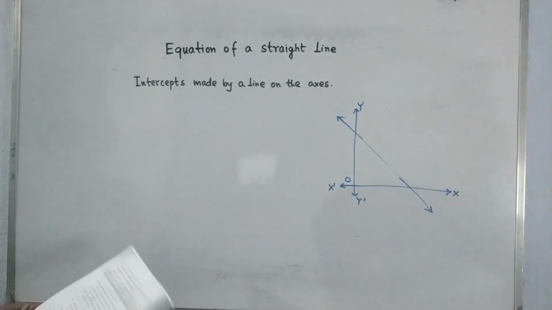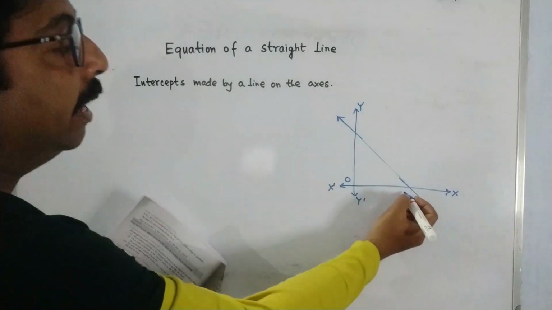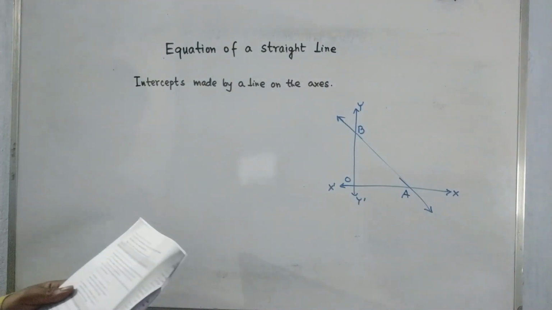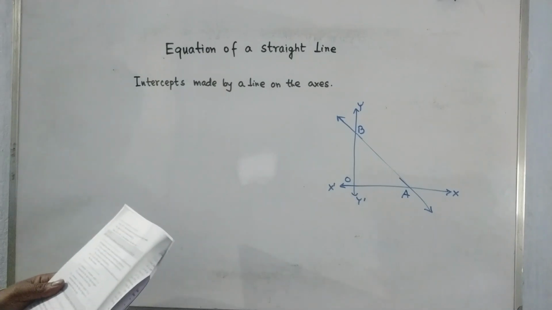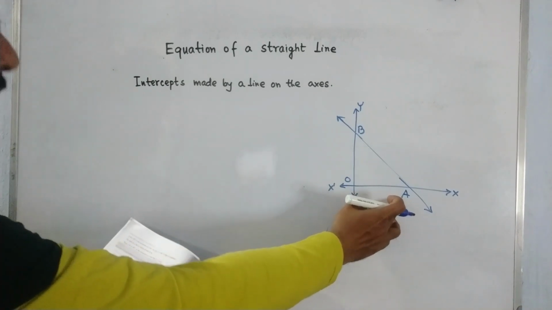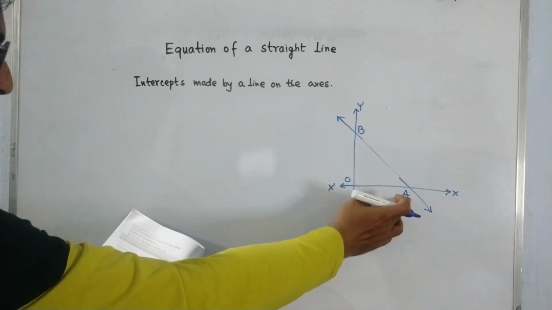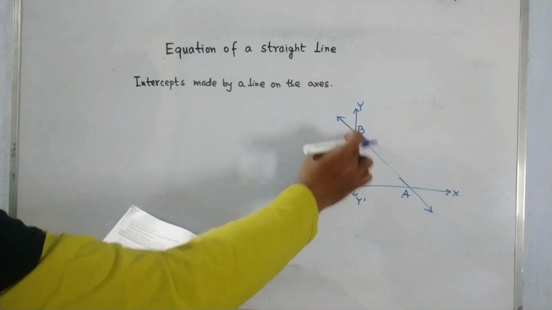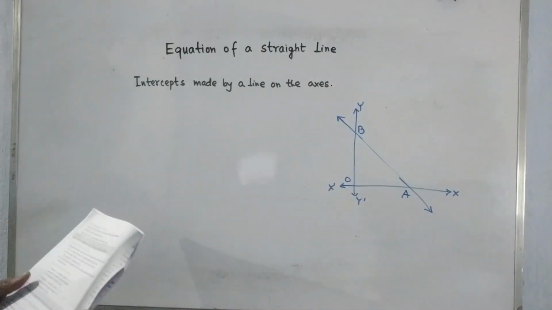Let us consider this is the straight line AB. AB is a straight line which meets the x-axis at point A and meets the y-axis at point B.